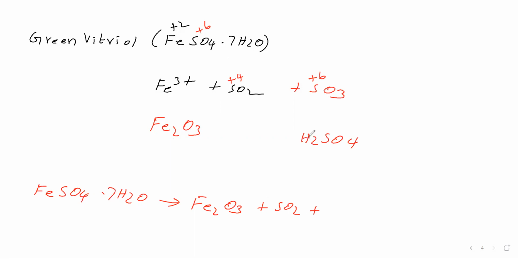Sulfur trioxide with water gives sulfuric acid. These water molecules evaporate away. Here there are 2 Fe, therefore 2 times; water molecules are 14. We will write 13, and the remaining one combines with the sulfur trioxide and gives sulfuric acid. So green vitriol on strong heating gives these products.